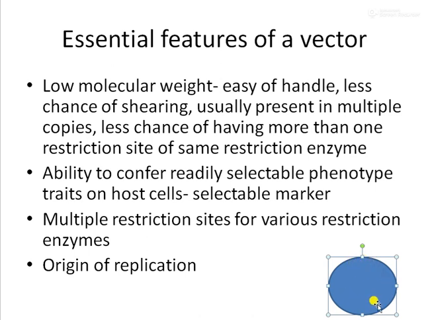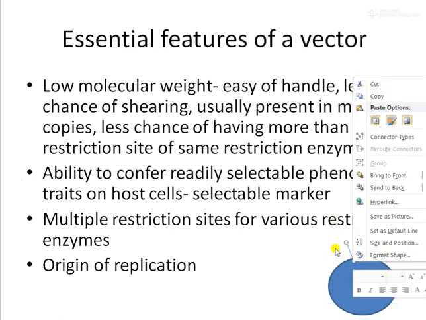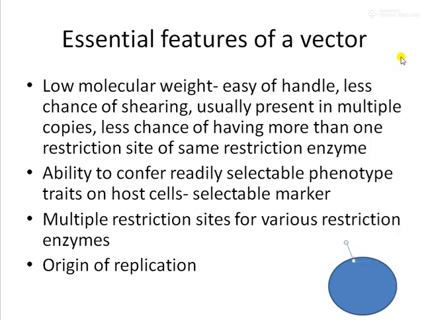This vector should contain only one cut site for the same restriction enzyme. That is, if I consider EcoRI, the EcoRI site should be present only at one particular site. It shouldn't be present at many sites of the particular vector.